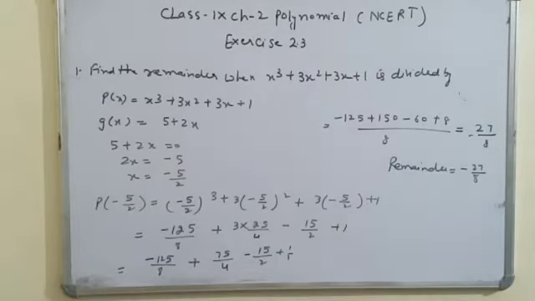In the second question, find the remainder when x cube minus ax square plus 6x minus a is divided by x minus a.